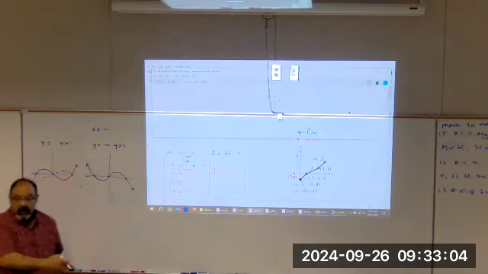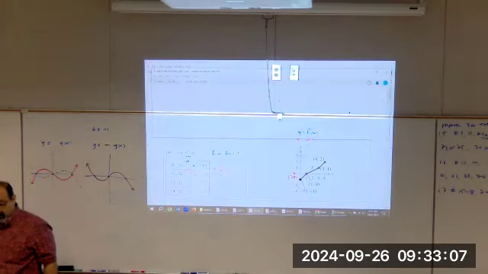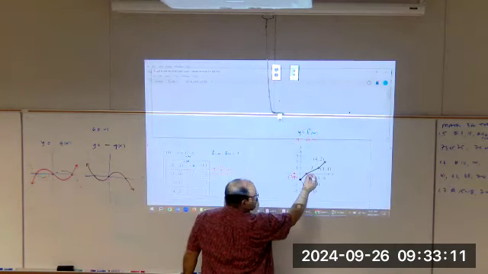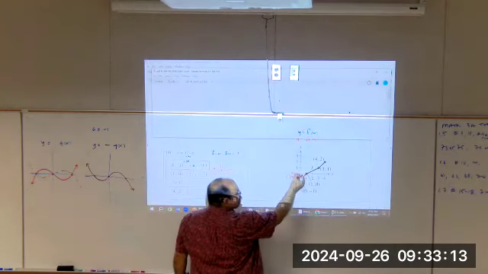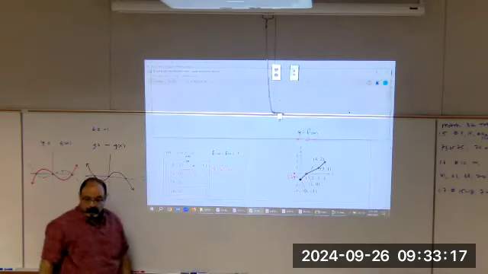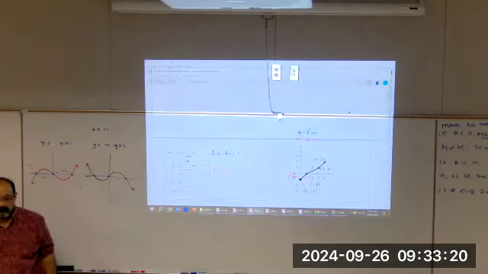It flipped over the y-axis to the other side. It went from this x value of 1, 0, over to this side, -1, 0. A reflection to the other side.